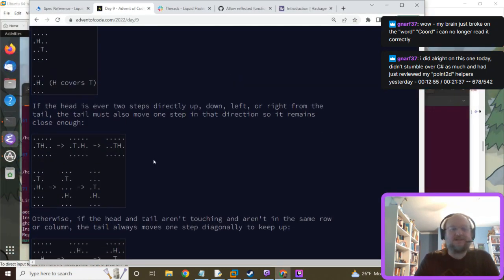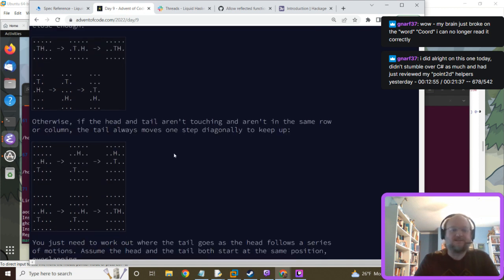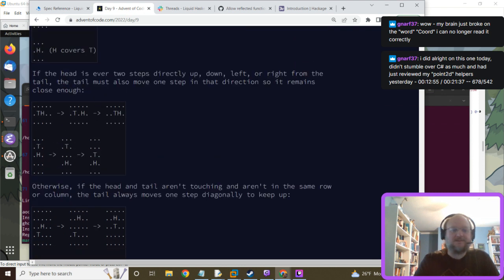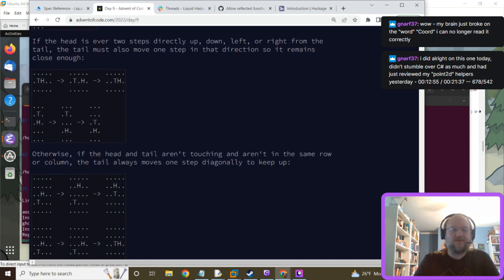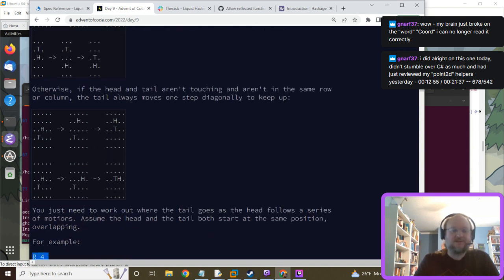So if the tail's still within one position, then it doesn't do anything. And if it's in the same row or column, then it just moves closer.